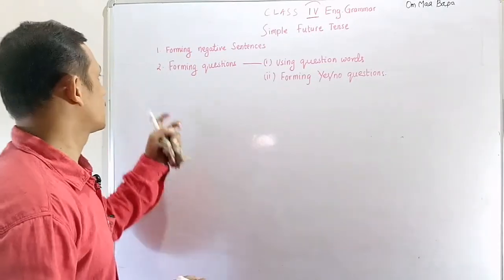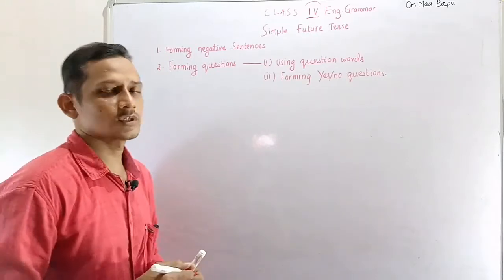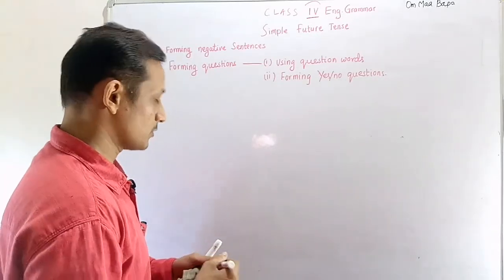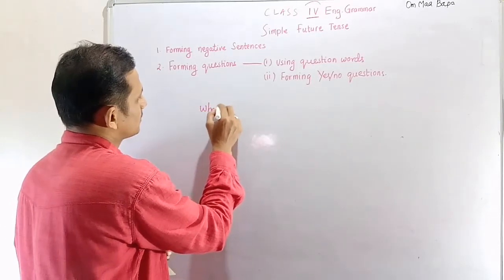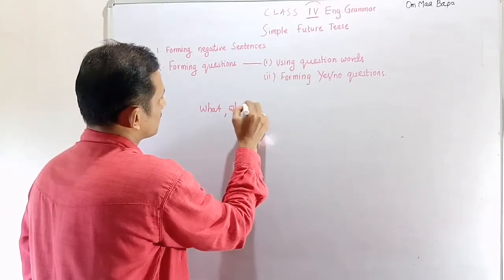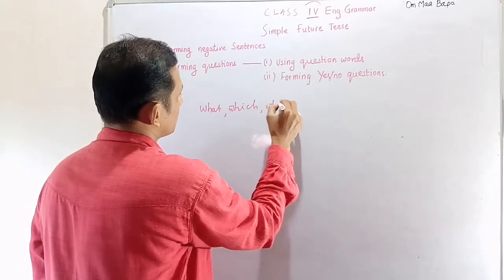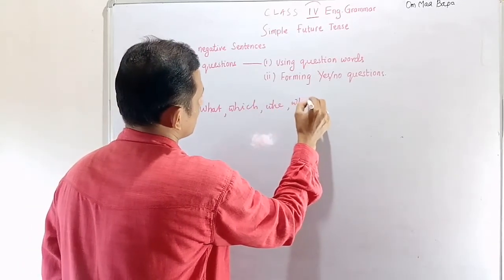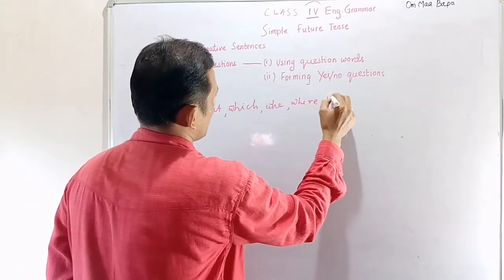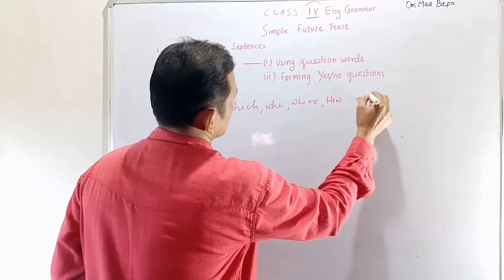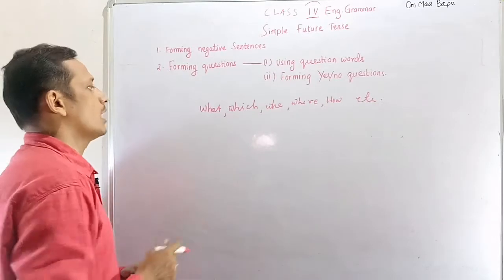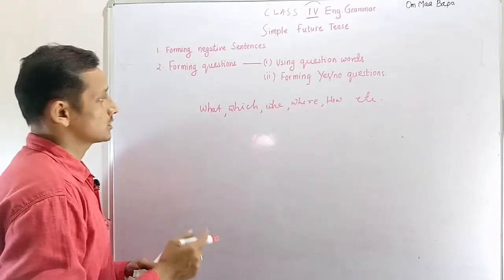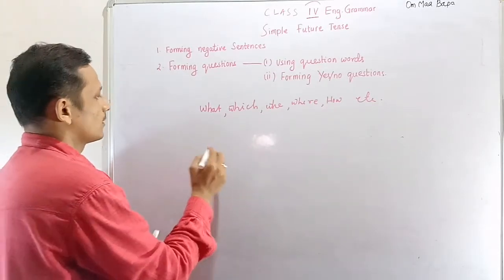Now, forming questions using question words. What are the question words? What, which, who, where, how, etc. These are the question words. How to form a question using a question word?